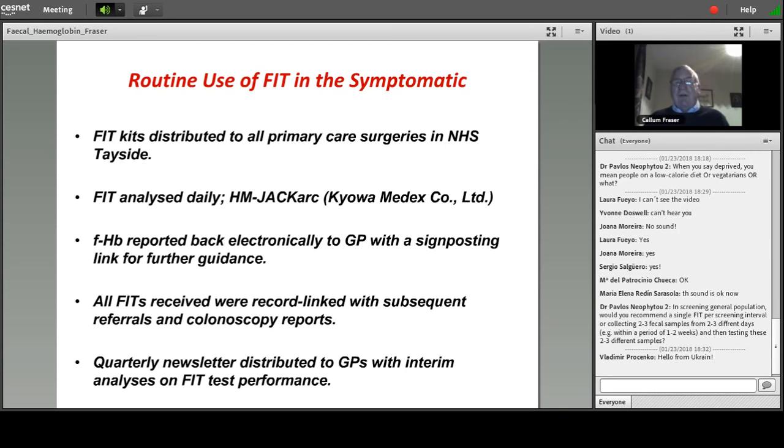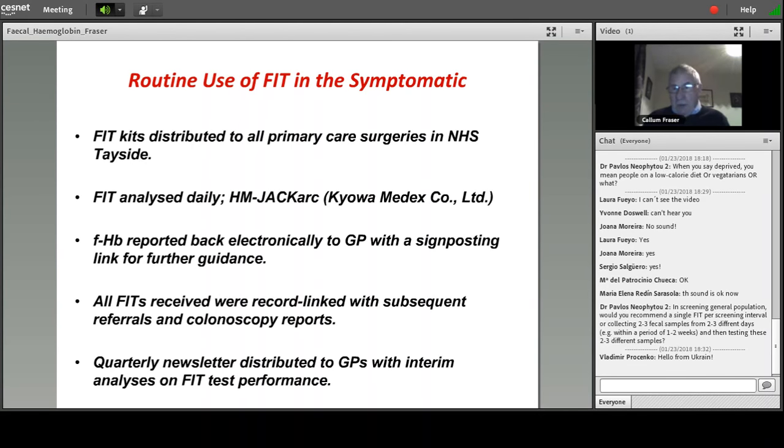So we then have started using FIT routinely as a routine test in laboratory medicine. So we distributed FIT kits with the specimen collection devices and instructions, very simple instructions which were graphical, pictorial rather than words, to all our primary care surgeries. We analysed FIT daily on the HM-JACC ARC.